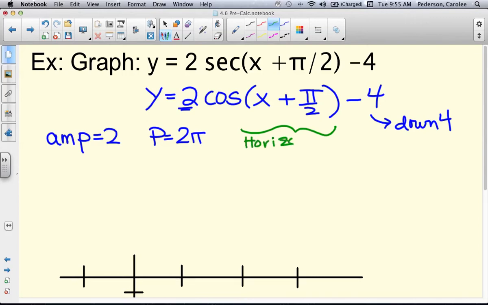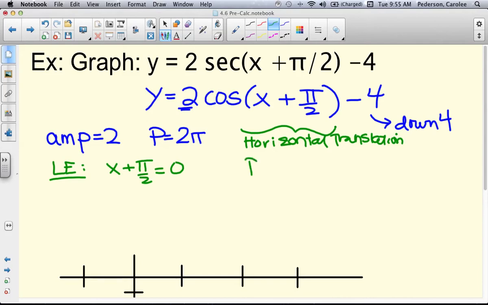So this is where I go below this and identify the left and the right endpoints. So I take that parentheses and I set it equal to 0 and then 2 pi. So left endpoint, we take that parentheses, x plus pi over 2 and set it equal to 0.